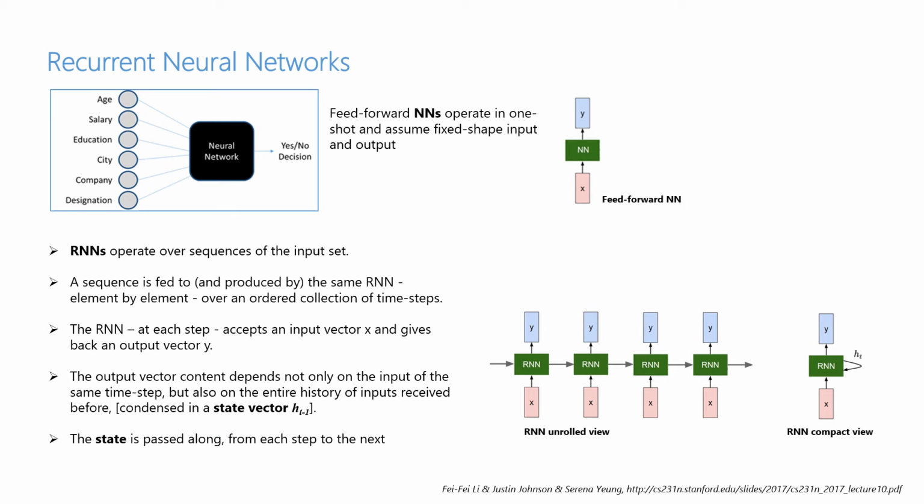We have seen and understood what neural networks are, and we see here the kind of neural networks we have discussed in the upper part of this slide. We have our example of a neural network that we can use to decide on credit card applications based on the age, the salary, education, and so on of each customer that applies for a credit card.